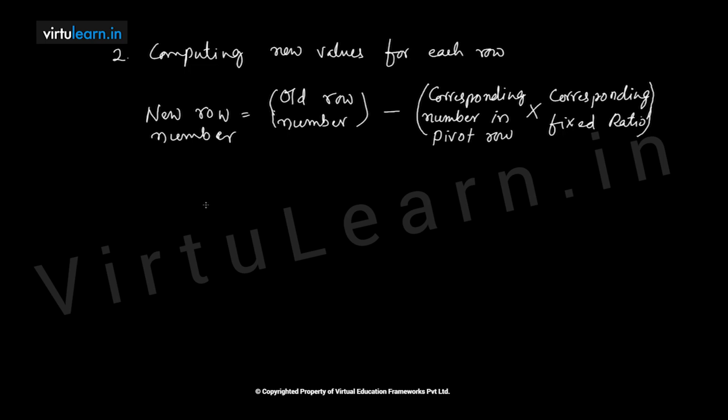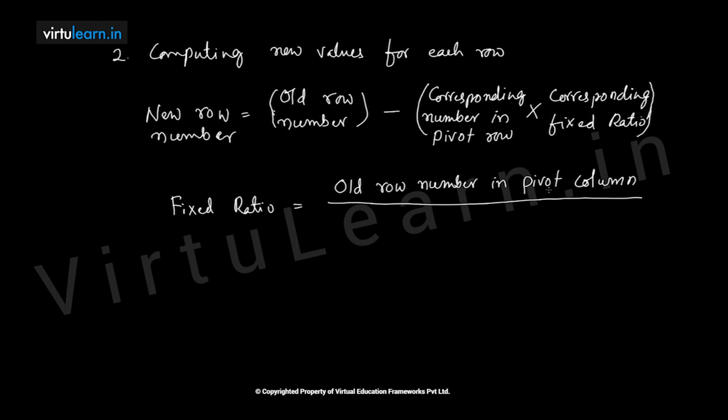So for the fixed ratio we'll use the old row number in pivot column divided by pivot number.